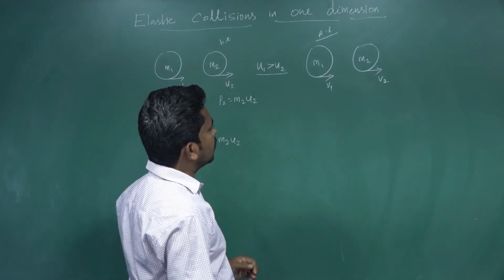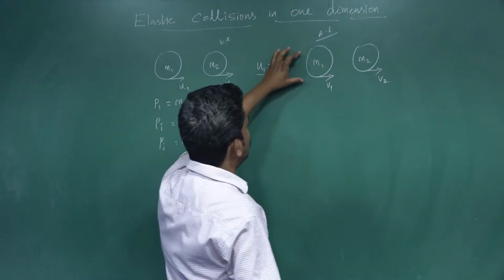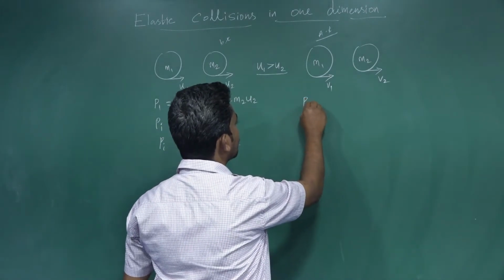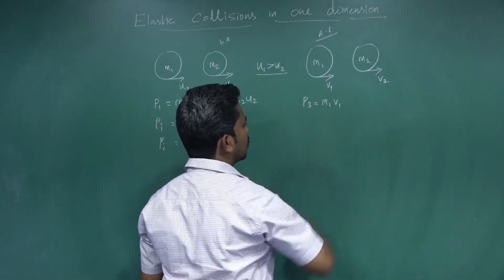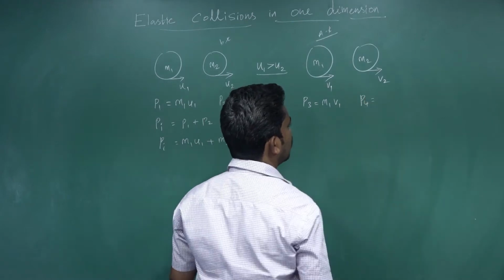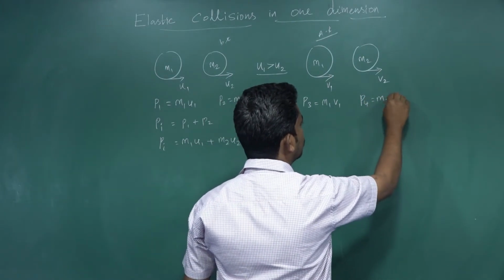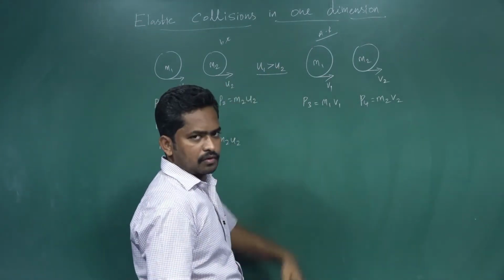So now I want to calculate this. After collision, the momentum of the first body is P3 equal to m1 v1, and the second body's momentum is P4 equal to m2 v2. This is before collision, this is after collision.